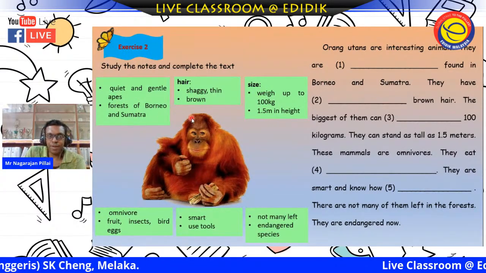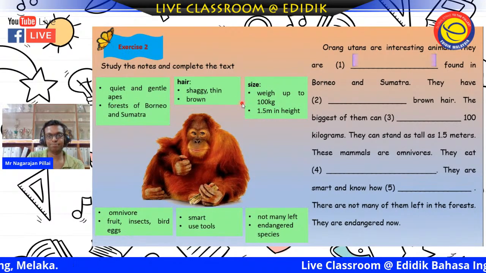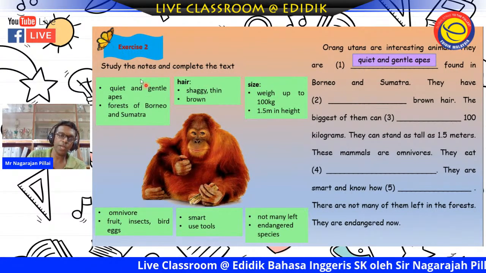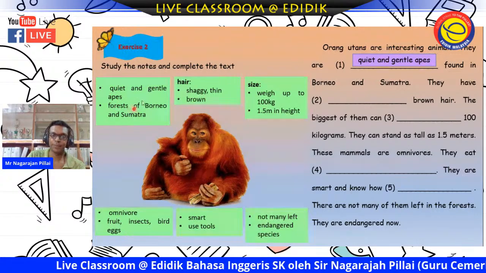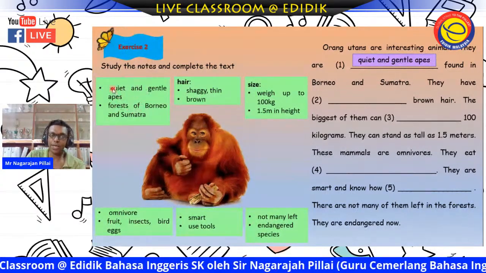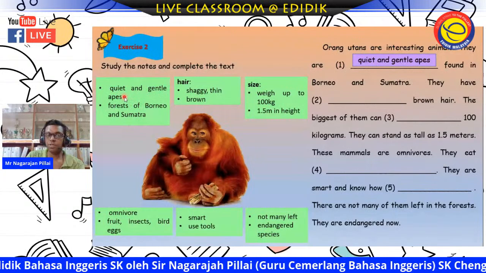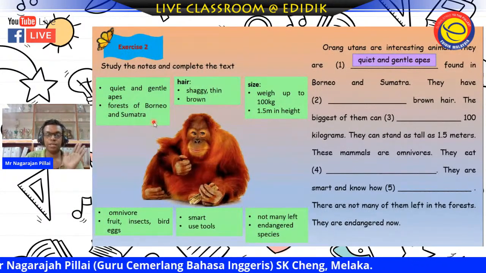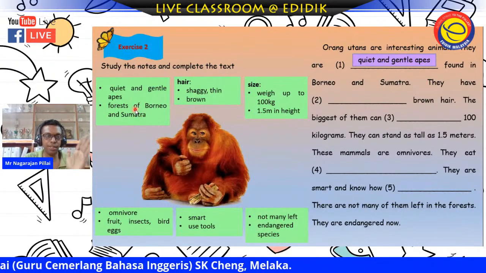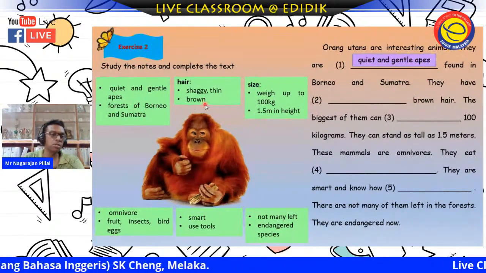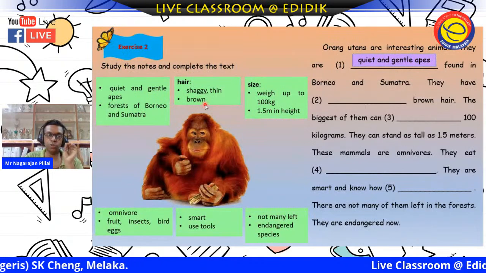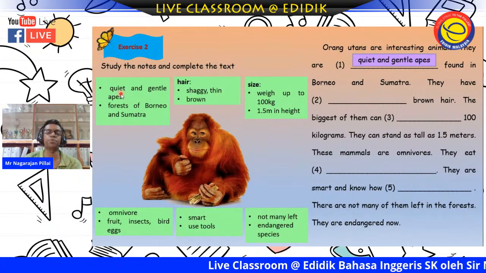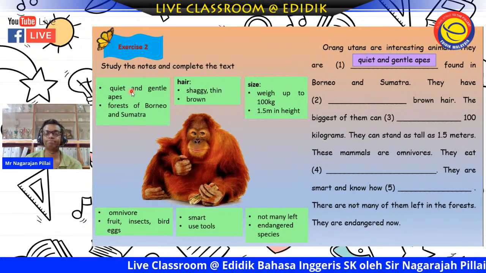So what do we have left? Quiet and gentle apes. You can take it straight away from box number 1. The forests of Borneo and Sumatra, the information is already in the text, so you don't use it. You only need to copy quiet and gentle apes. So 1 is done.